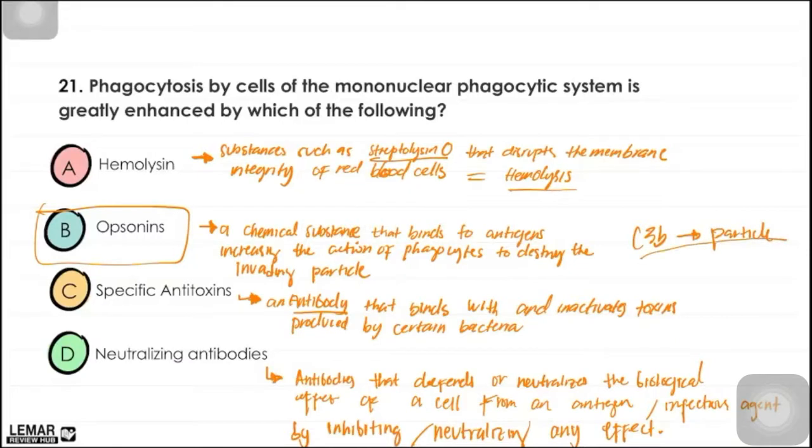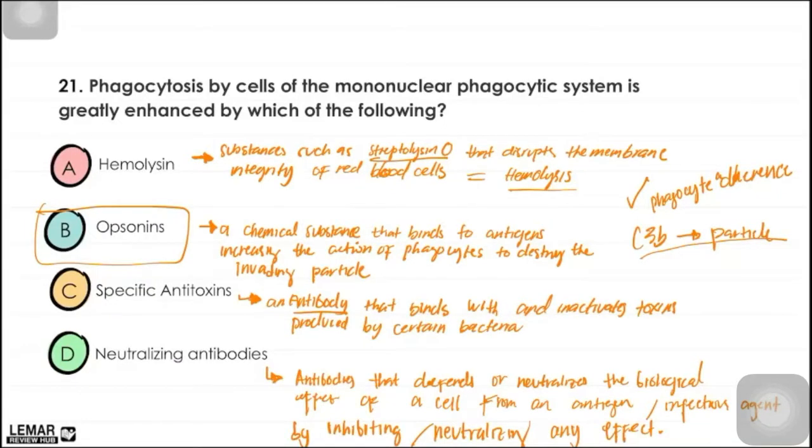So C3b attached to the particle promotes phagocyte adherence, and therefore phagocytic action will commence. Antibody, if present, will augment this process by binding to the Fc receptors.